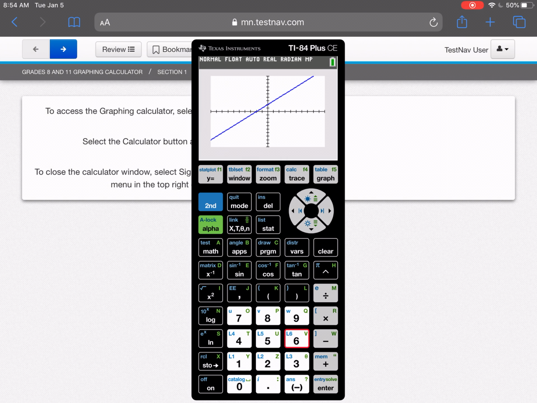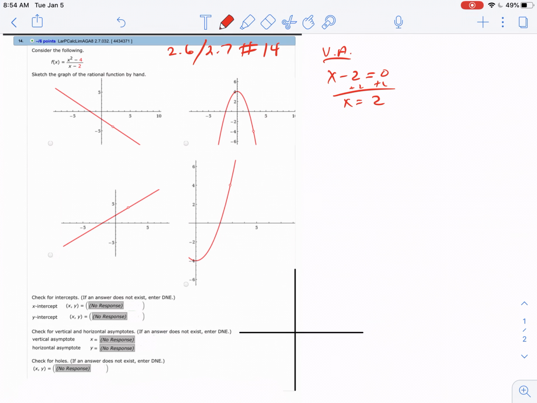So this looks like a linear, but if I take my top and factor it into x minus 2 and x plus 2, and I have an x minus 2 on the bottom, those two things would go away, and this graph behaves like y equals x plus 2. Now the original is like this. So what's happening here is at x equals 2, you would draw that line in, and you would put a hole above the 2.